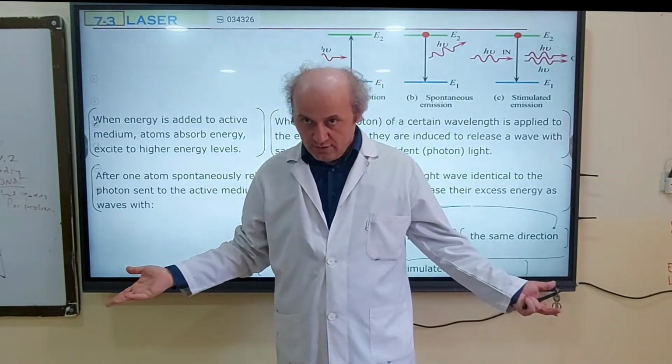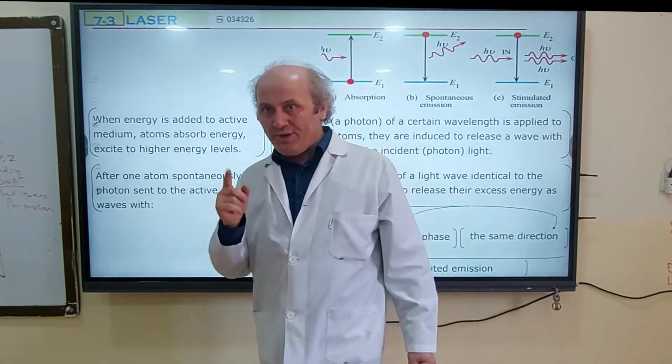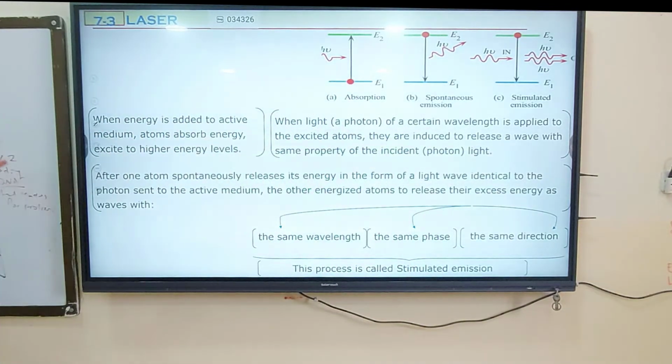Going to different directions. But we can do something. When these atoms are excited to higher energy levels, and electrons are excited to higher energy levels, you are going to send a photon from outside. For example, I want a blue laser. You are going to send a photon which is blue through this active medium.